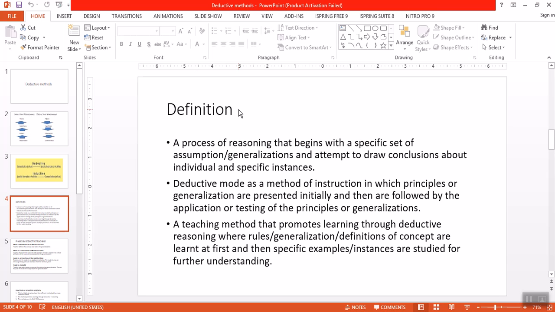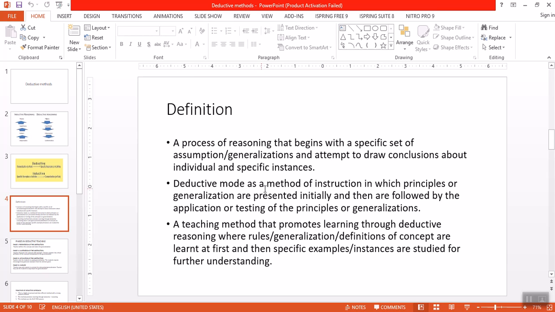The definition of the deductive method: a process of reasoning that begins with a specific set of assumptions or generalizations, in an attempt to draw a conclusion about individual and specific instances. So basically what you have to understand is the process comes first, and later there will be examples.